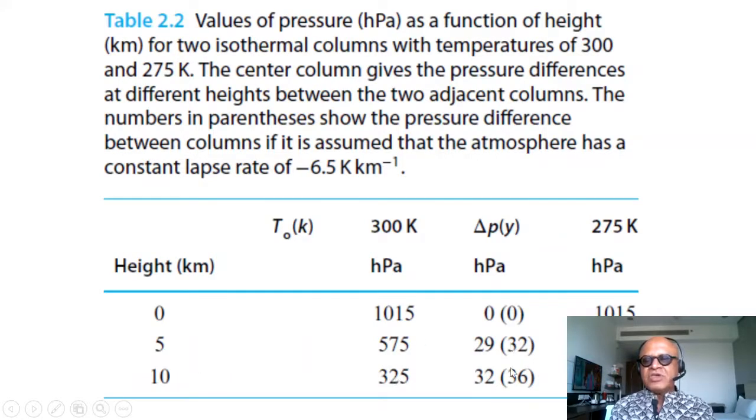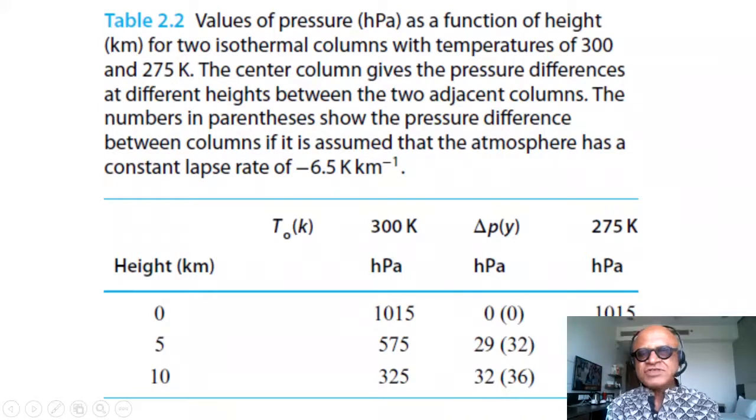This is the delta P in the meridional direction associated with these isotherms. If you look at 275 Kelvin happening at the surface, then it's happening at a lower pressure in hectopascals at 5 kilometers and also at 10 kilometers.